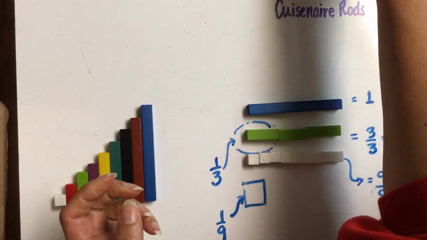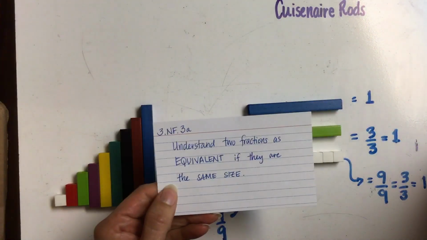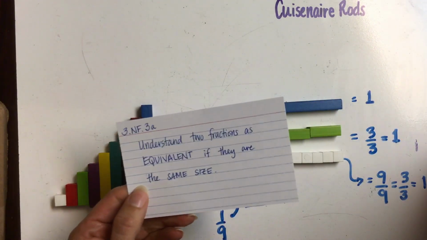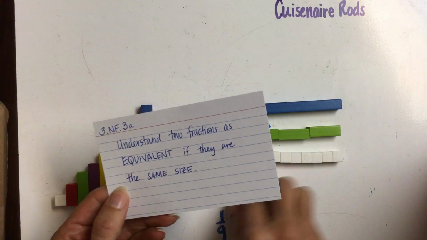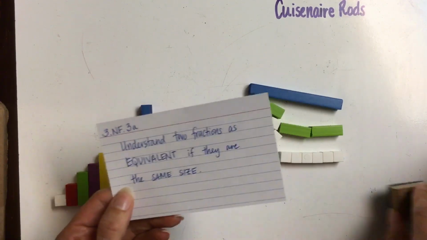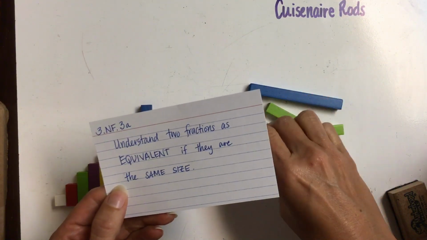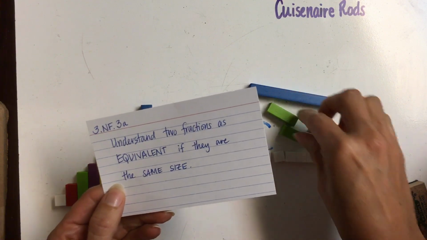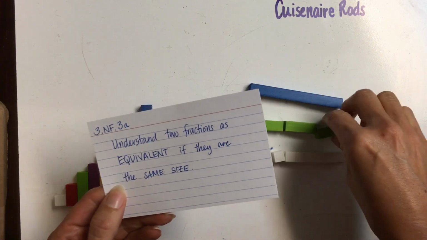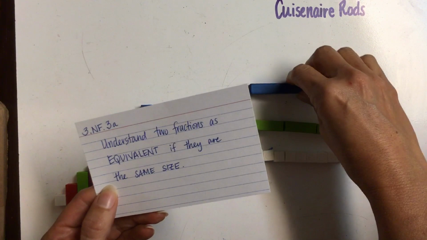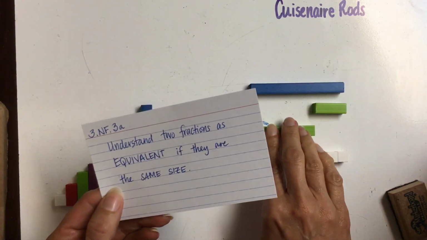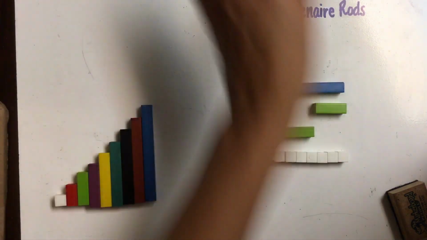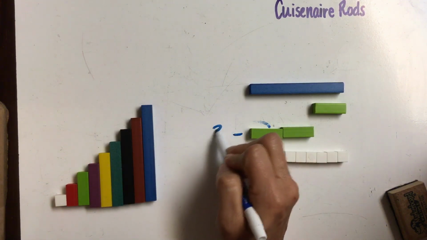You can further understand that two fractions are equivalent if they're the same size. Which is what we just did, but let's talk about some different fractions other than those that are equal to 1 in whole numbers. Let's say that we wanted to talk about 2/3. So let's just take these two. Here this is 2/3.